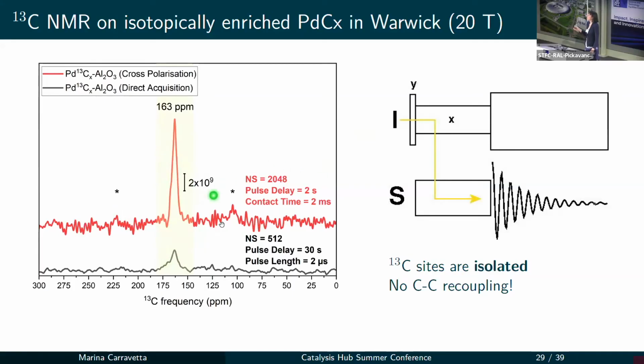And this is the first experimental evidence of the palladium carbide signal, where it falls, and what its features are. We don't expect the protons for cross-polarization to be in the neighborhood of the carbide itself. When we use cross-polarization, the transfer can go through space at a certain length, so it could be some protons on the alumina that contribute to the cross-polarization.